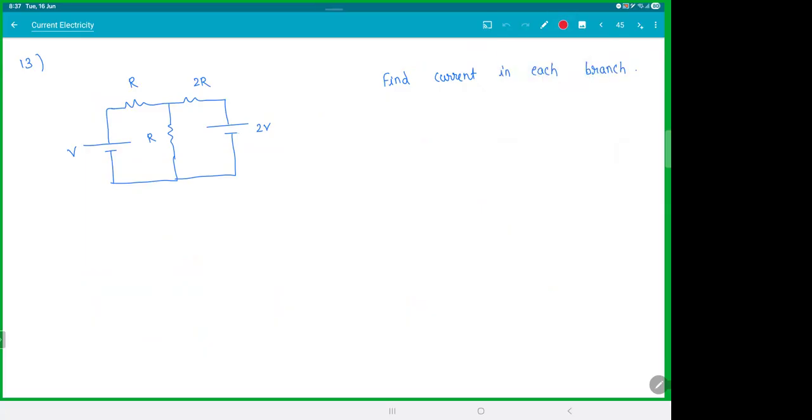Normally, you take the negative terminal of any battery as zero. And luckily, if you take this as zero, this is also zero, this is also zero. Current in towards, yeah, right, Samik.